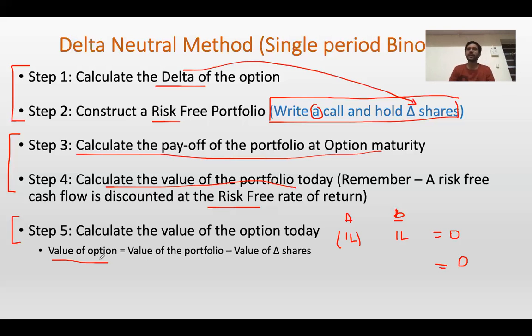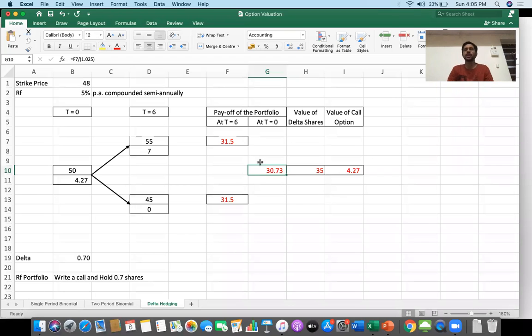So if I have to spend 30.73 to construct a portfolio consisting of a written call option and 0.7 shares bought, then out of that, I will have to pay 35 for buying the shares, and then I will receive a balancing figure, which we calculated as the value of the option today.